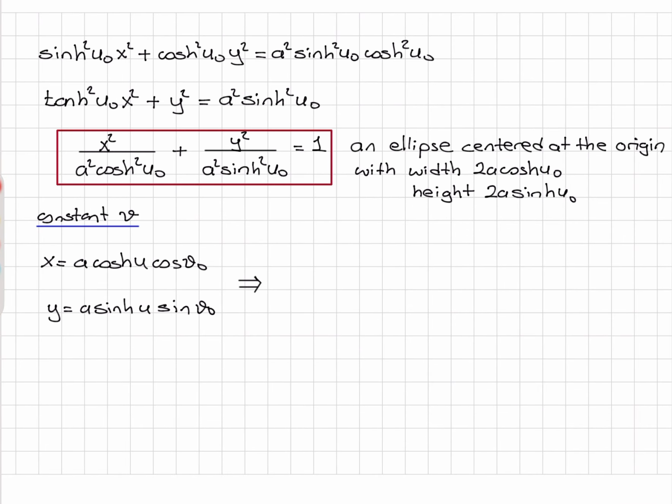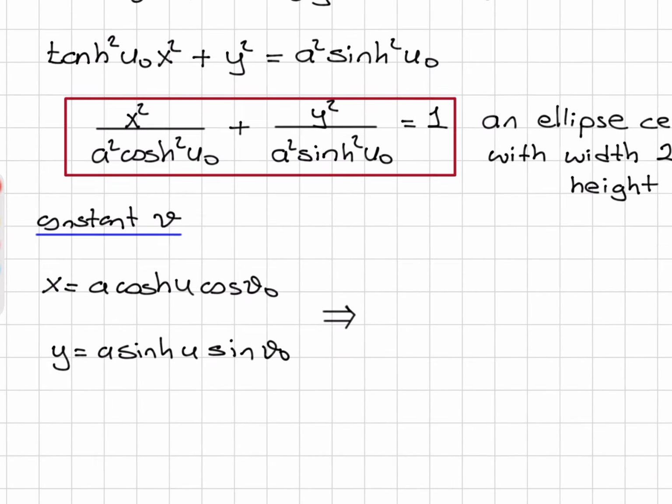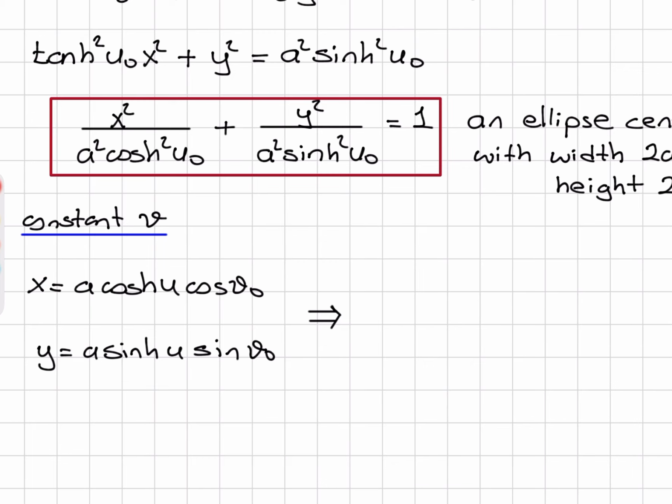Now for the constant v case, I'm going to take this equation, square it and multiply it by sin squared v0.